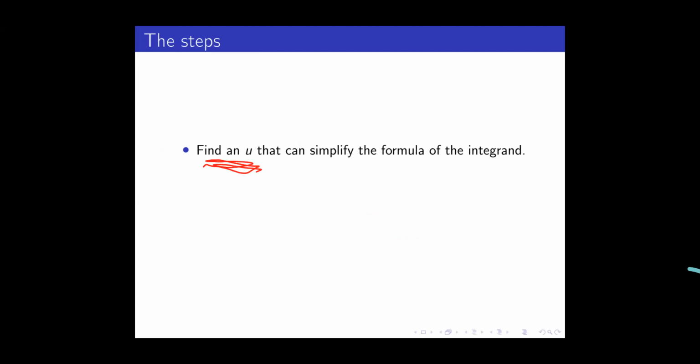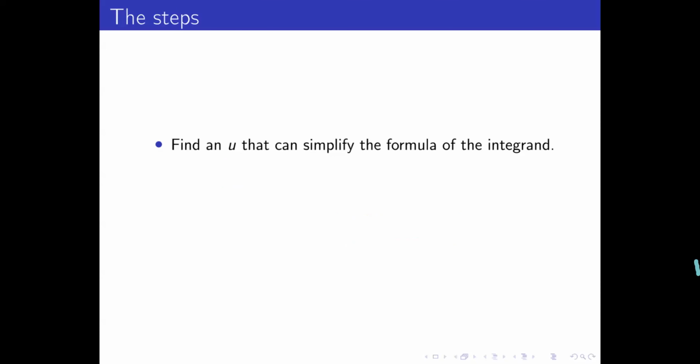There are a couple of rules that we will see later on that for certain types of integrals, there are certain changes of variables that work. But it's not always that you can find such a u, and sometimes you have to use other methods.